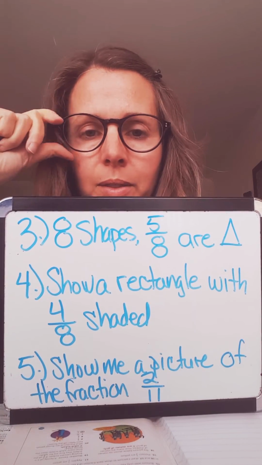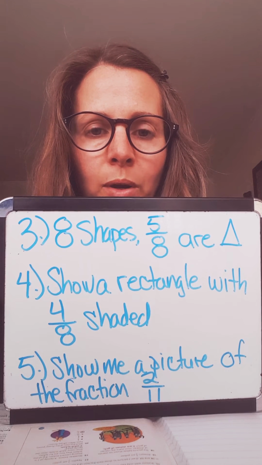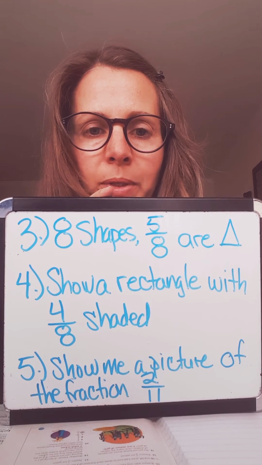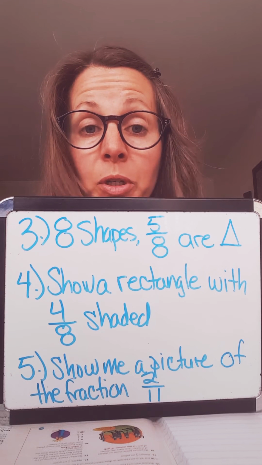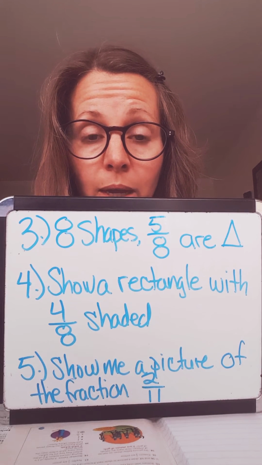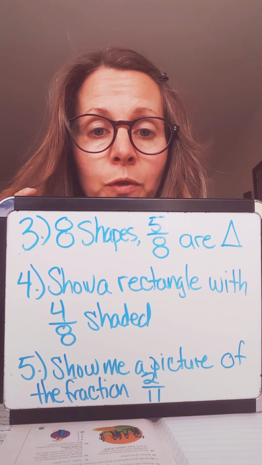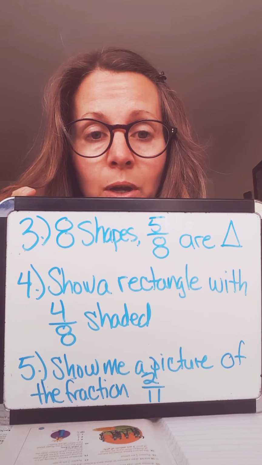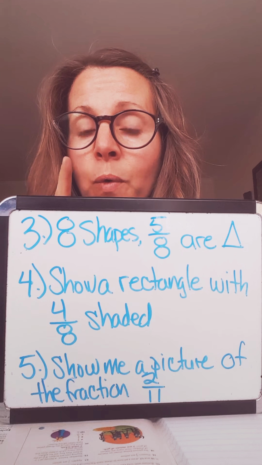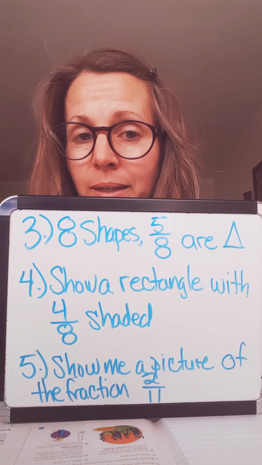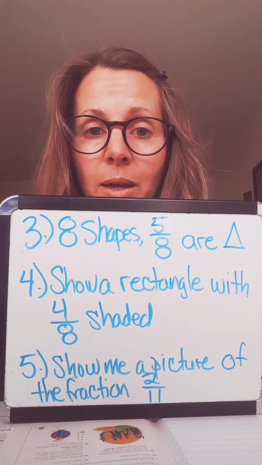Okay guys, so number 3, you are going to show me 8 shapes, 5/8 need to be triangles. Okay, so copy that down. For number 4, you're going to show a rectangle with 4/8 shaded. How would you draw that?